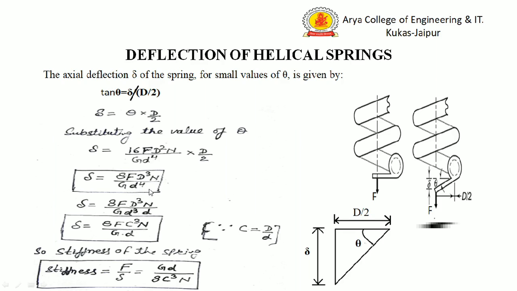So this is the final equation of the axial deflection of the spring. We know that D by d is equal to C, so D cube by d cube is C cube, and delta can be written as 8 F C cube N divided by G d.